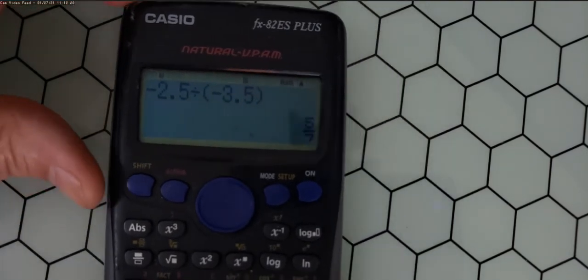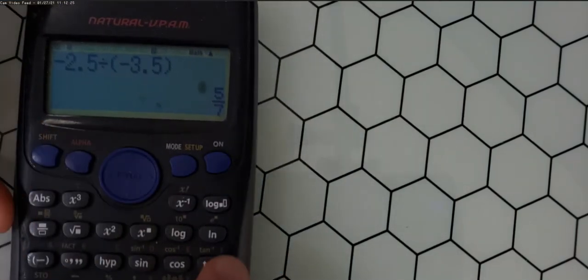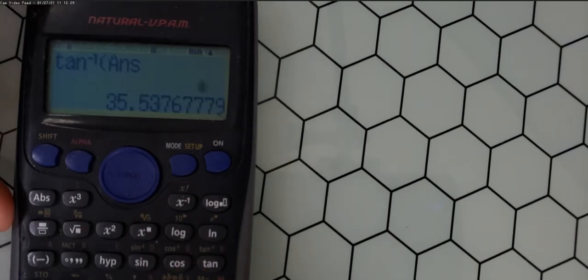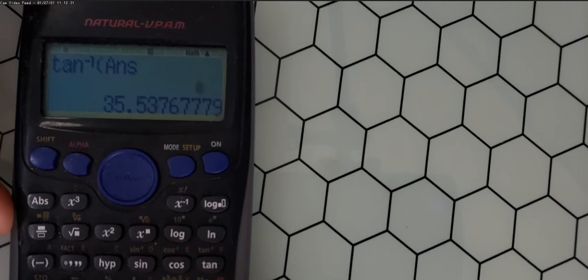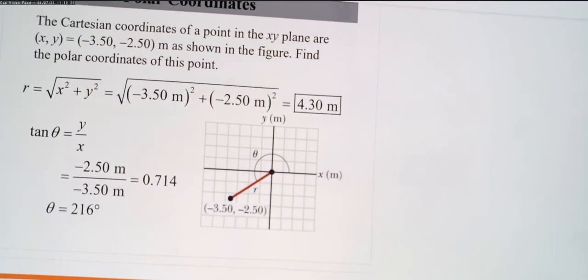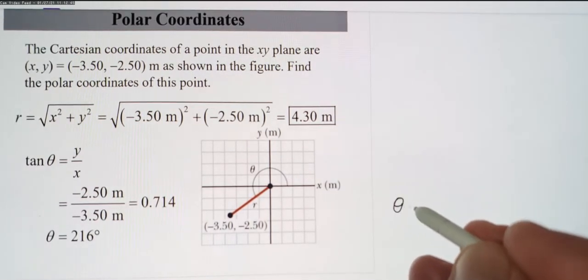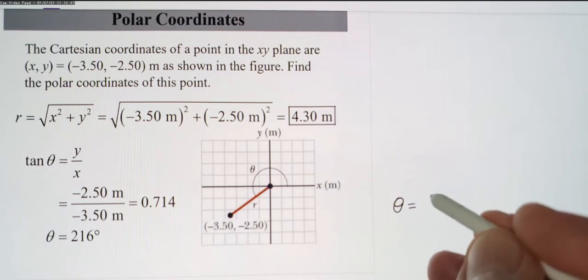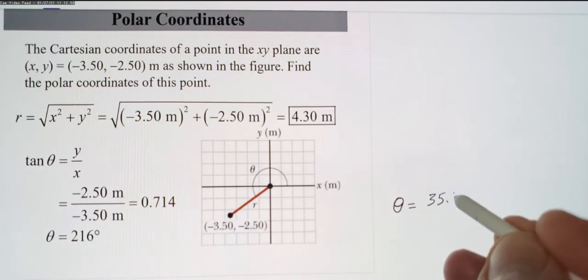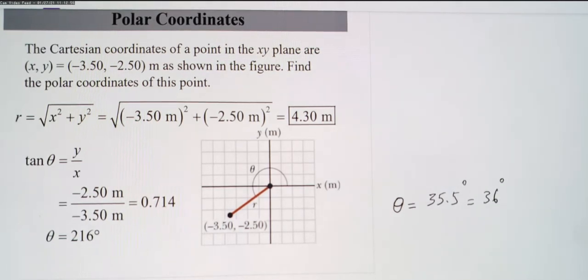So it's 5 over 7. Tan inverse gives me 35.5. So theta in the calculator is 35.5 degrees, about 36 degrees. So how did he get this answer?